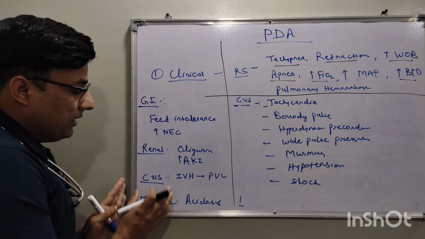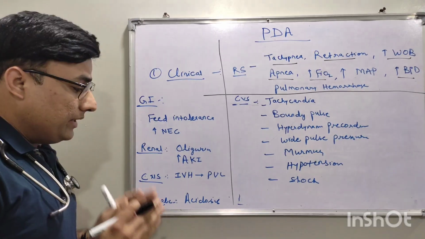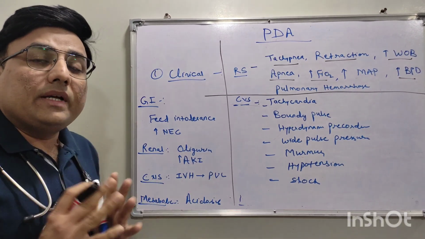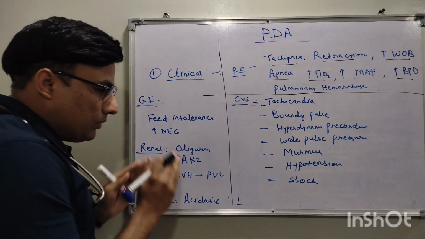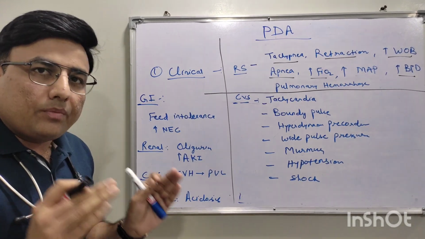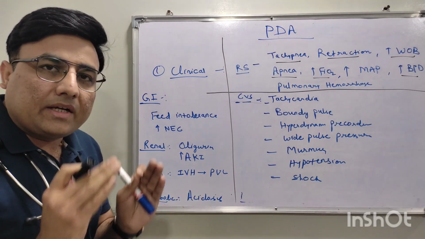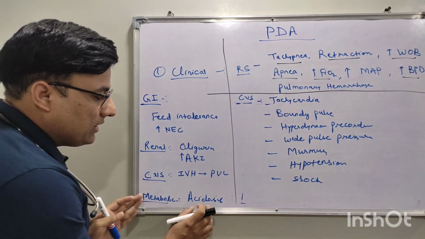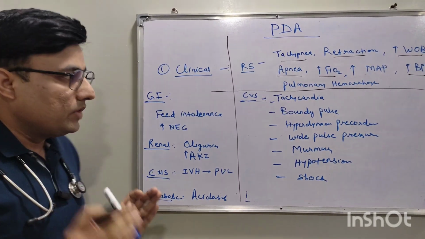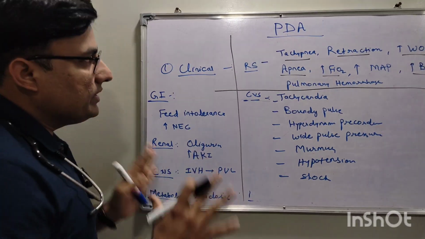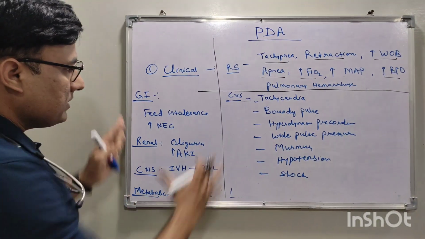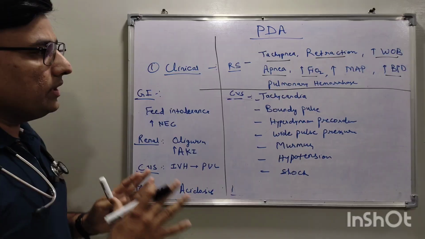Next, in metabolic, the baby will have increased risk of metabolic acidosis. Because of the systemic hypoperfusion, there will be hypoxic ischemia at the tissue level. Because of that, lactic acidosis will be produced, that will cause metabolic acidosis. So these are the clinical features of patent ductus arteriosus that we can see in any preterm baby with PDA.